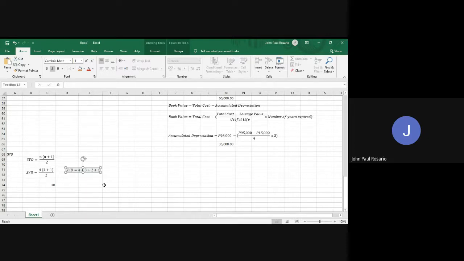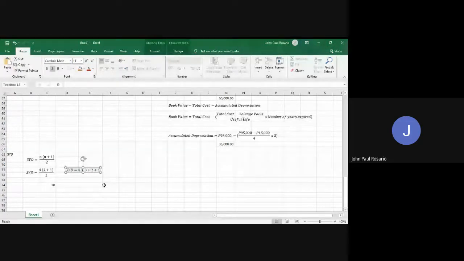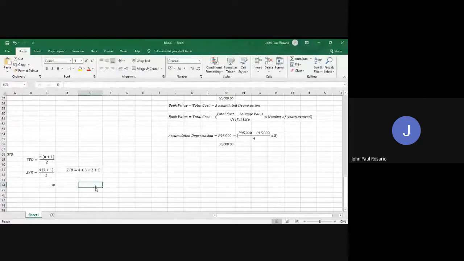You'll still arrive at 10 times 11, that's 110, divided by 2, that's 55. But on this one, if you do it manually, you'll still get 10: 4 plus 3 plus 2 plus 1. That's why we have this formula, because it will still give you the same answer with more ease.